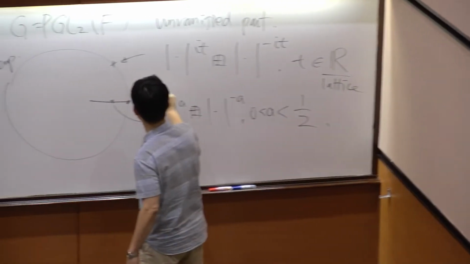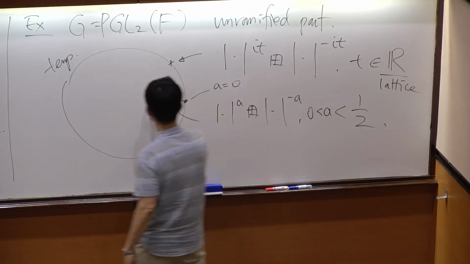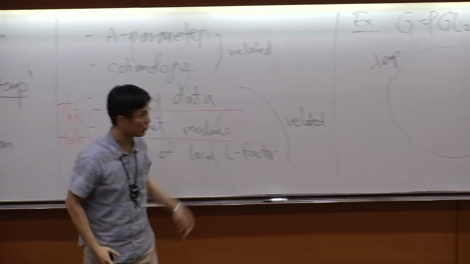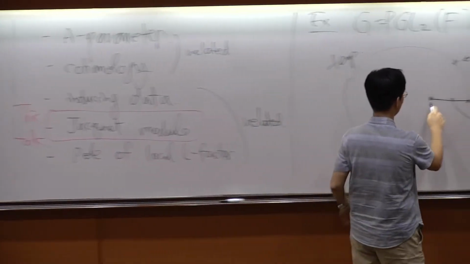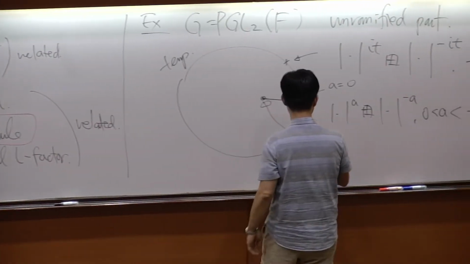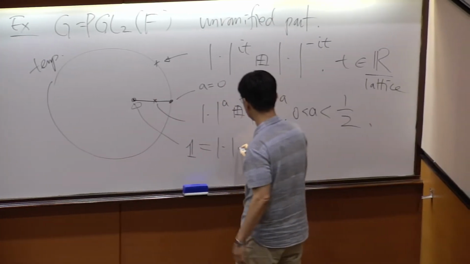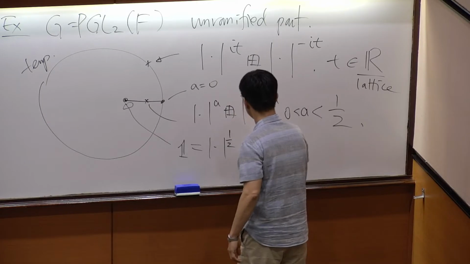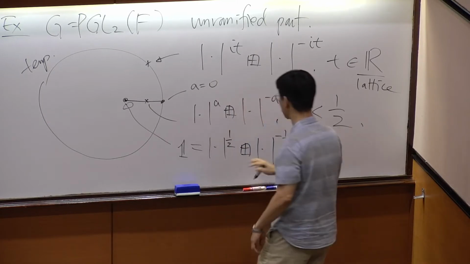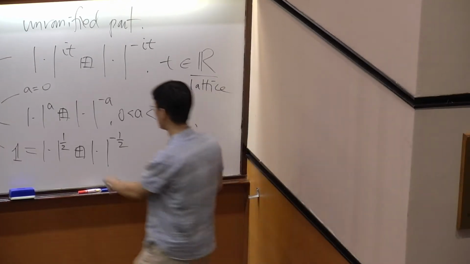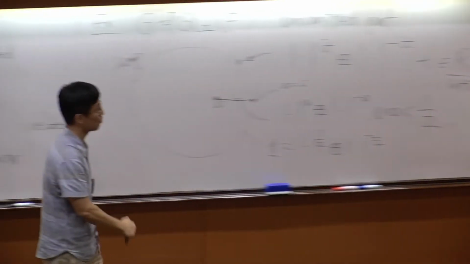Here a is 0, here a is 1/2, but you consider things strictly in between. And then there's the trivial representation, which can be thought of as the Langlands quotient of the representation induced from absolute value to the half and negative half. Here every parabolic induction is normalized.